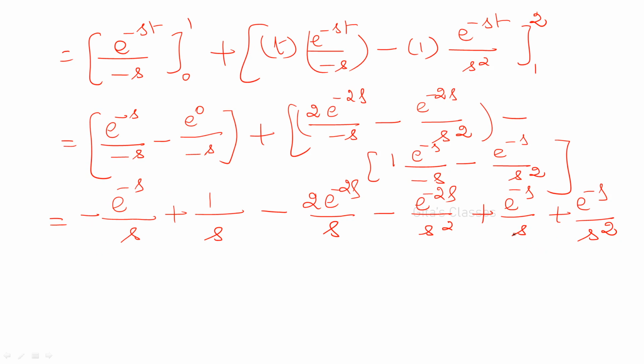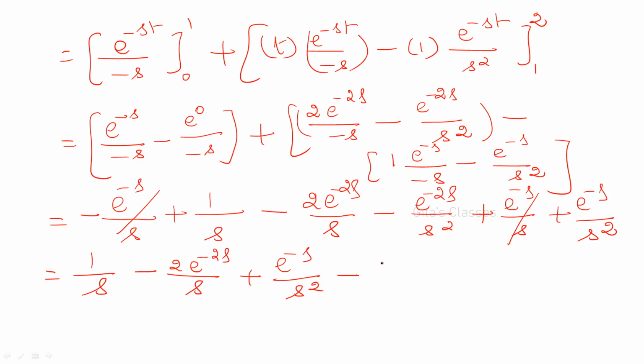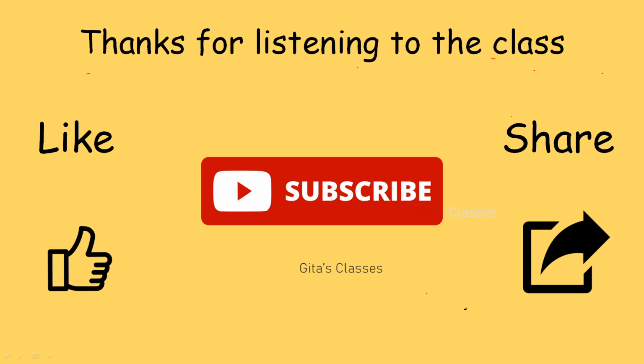Here e^(-s) by s with plus and minus are opposite, so they get cancelled. So 1 by s minus 2 e^(-2s) by s, then plus e^(-s) by s squared, this term I am writing, and minus e^(-2s) divided by s squared. This is the answer.